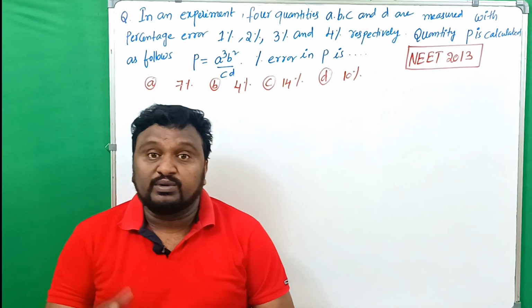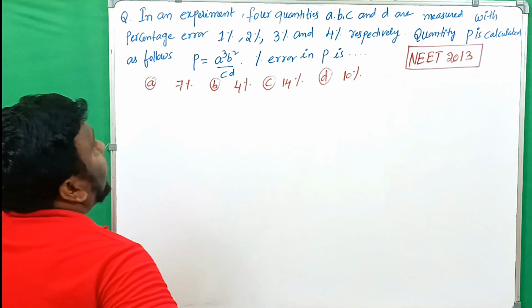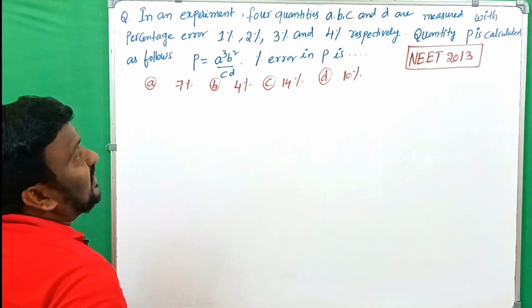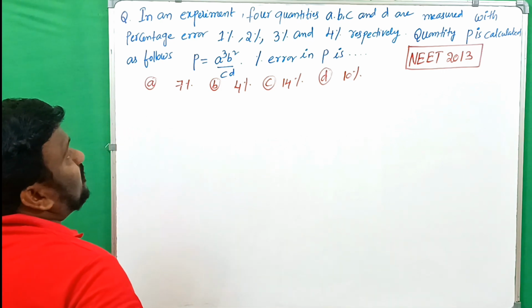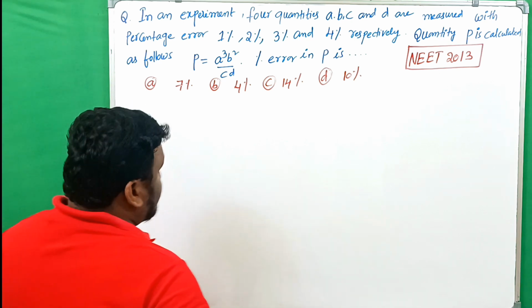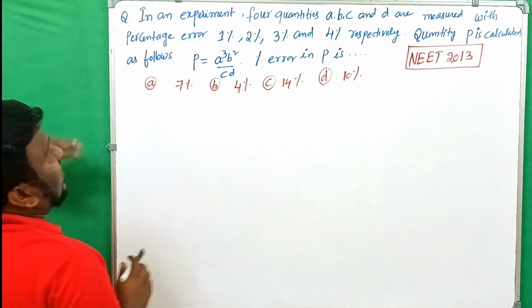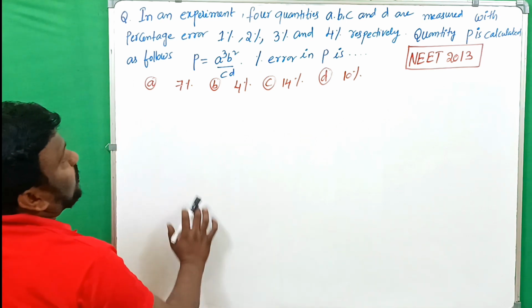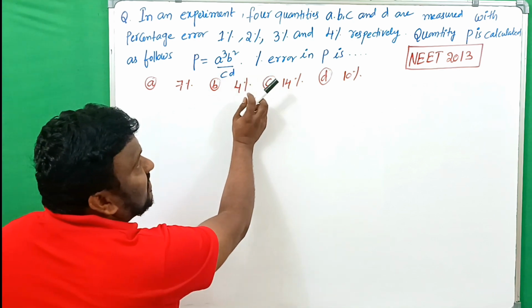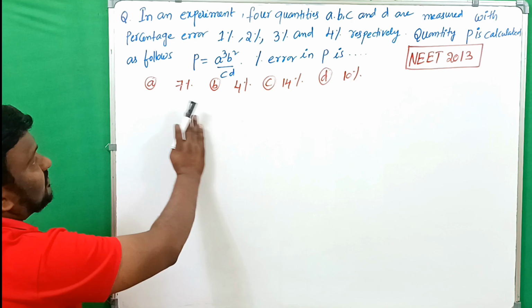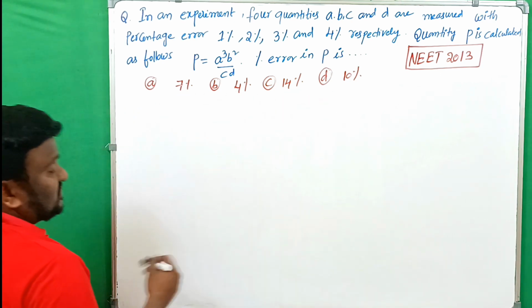See another question, it was given in NEET 2013. In an experiment, four quantities A, B, C and D are measured with percentage errors 1%, 2%, 3% and 4% respectively. Quantity P is calculated as P equals A cube B square by C D. The percentage error in P is, options: 7%, 4%, 14% and 10%.